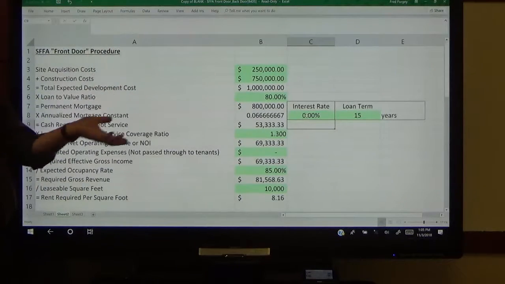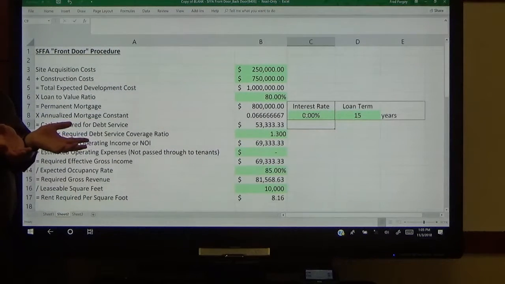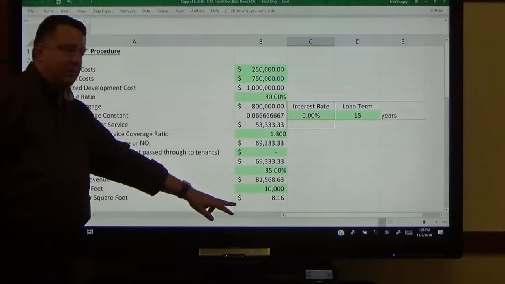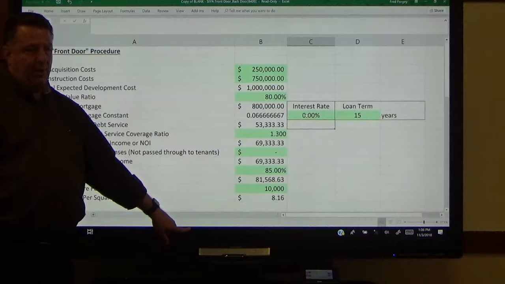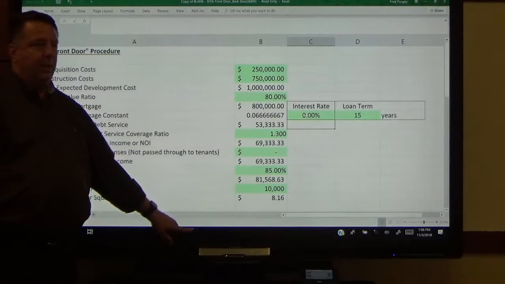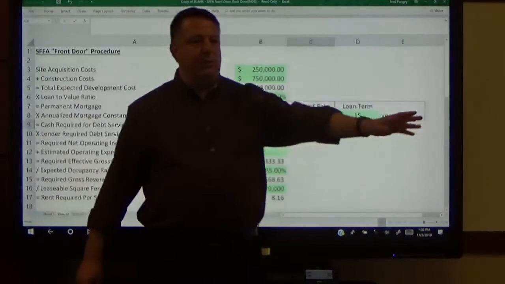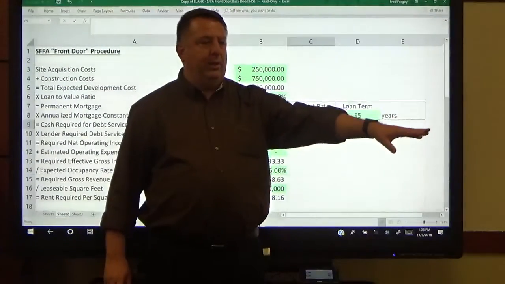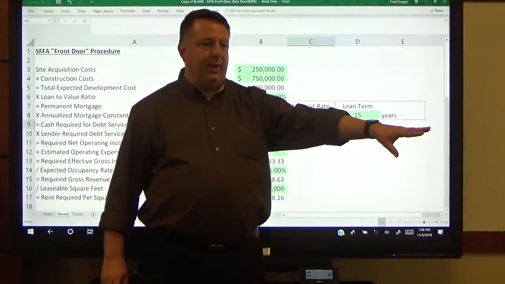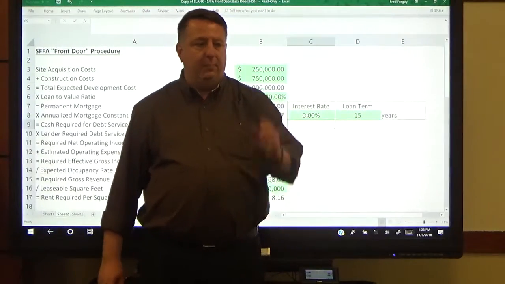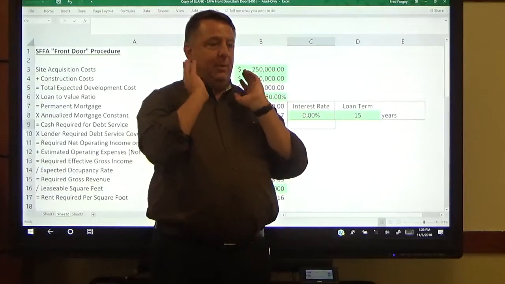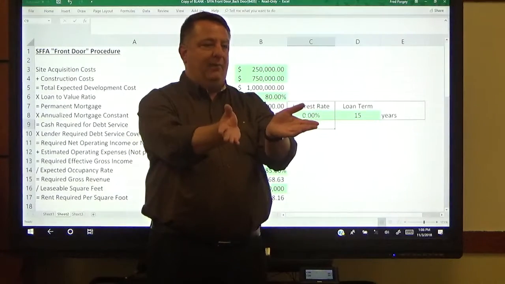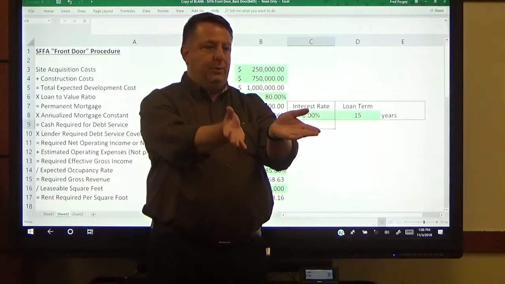Well, it's all those things taken in tandem that ultimately are going to say what your feasibility is going to be for this project. Because it's not going to be the same for every single person. Angelo may have this sweetheart deal with the local lender where he's able to get a ridiculously low, below-market interest rate, but you don't have that relationship. But what you do have is maybe the ability to have lower construction costs because you own your own construction company.